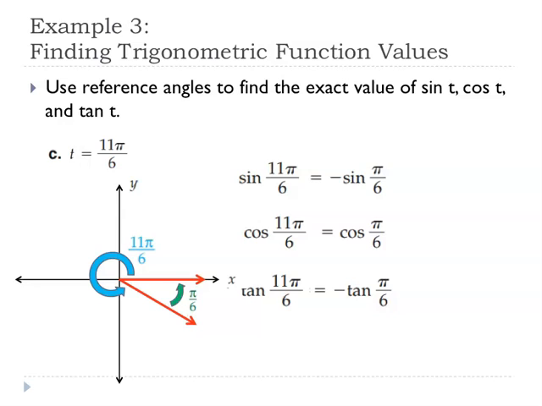Okay, so now we just need to use those memorized values. So sine of pi over 6 is equal to 1/2, so this is equal to negative 1/2. Cosine pi over 6 is equal to root 3 over 2. And tangent of pi over 6 is root 3 over 3, so this is negative root 3 over 3.